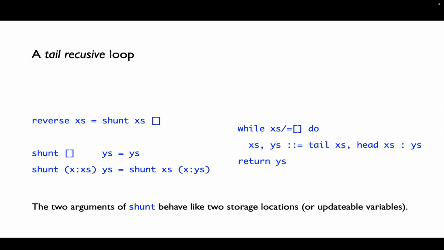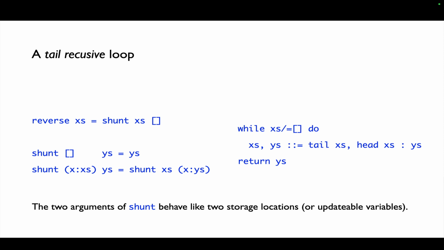And you can read that as this loop. While x's is not empty, do this simultaneous assignment. Simultaneously replace x's with the tail of x's and y's with the same list with the head of x's appended to the front. And if you continue to do this, it will, until x's is empty, put the elements from x's on the front of y's.